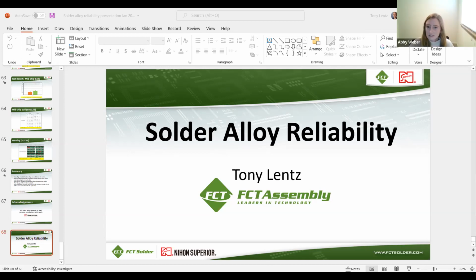Can bismuth tin silver solder be used for high reliability automotive applications? They might be able to if they're used in areas where you're not going to exceed the melting point of those alloys. The bismuth 57 and 58% alloys are going to melt around 138 to 140 C, which is pretty low.